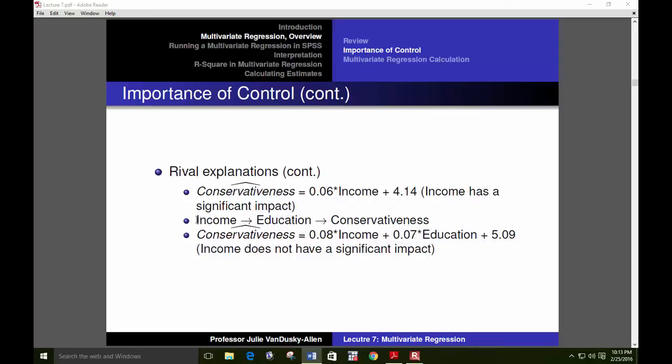It may look like people with higher incomes are more conservative, but that's only because people with higher incomes tend to also be more educated, and more educated people are more conservative. If this is the case, then when we run a multivariate regression model, income may become insignificant, meaning that education influences conservativeness, not income.